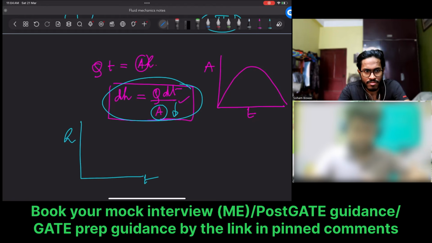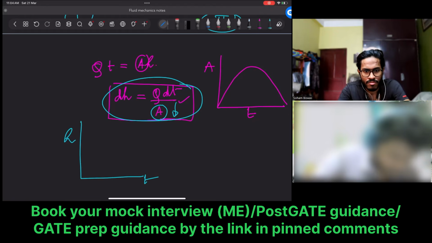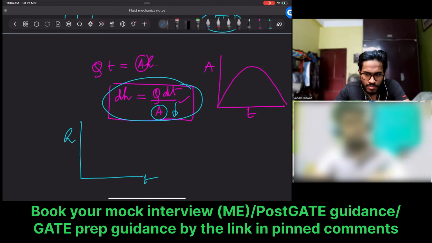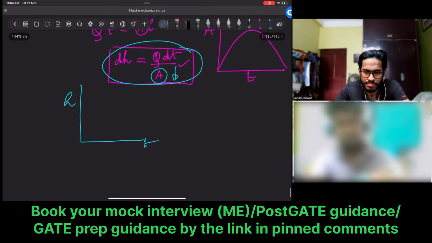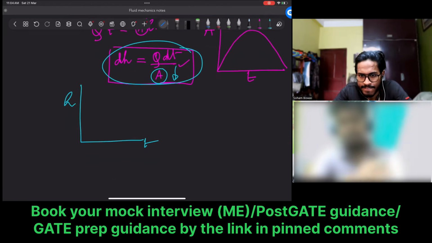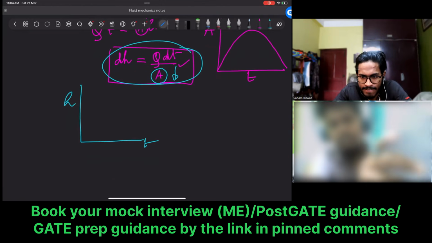The slope is increasing, so it will be convex down.